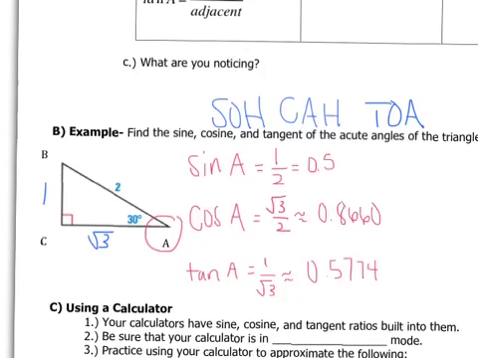Okay, what I am going to have you do now is I'm going to have you guys find the sine, cosine, tangent ratios for angle B. Pay attention. Make sure that you are finding those opposite and adjacent sides with respect to angle B now. Okay, so take a minute, do that.